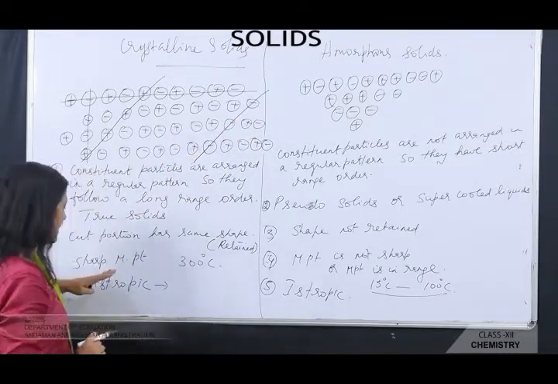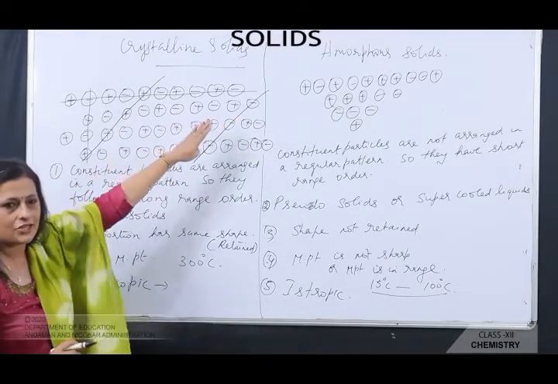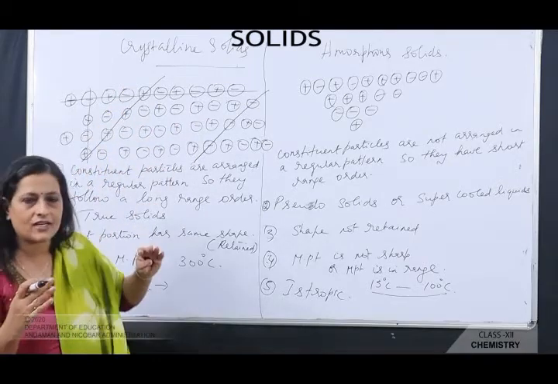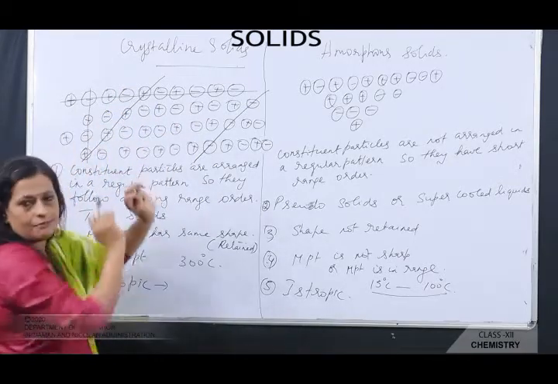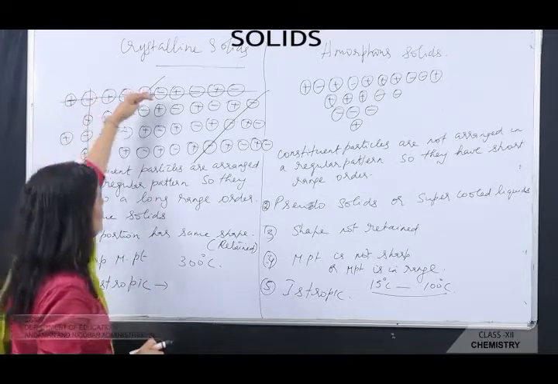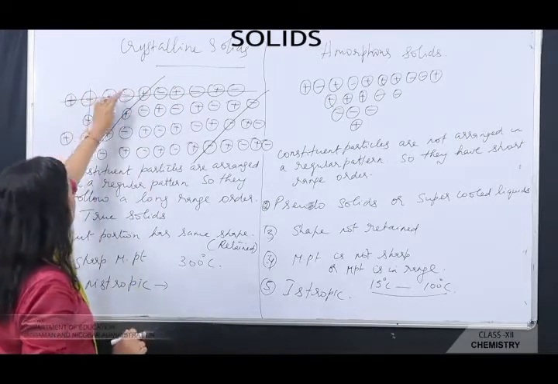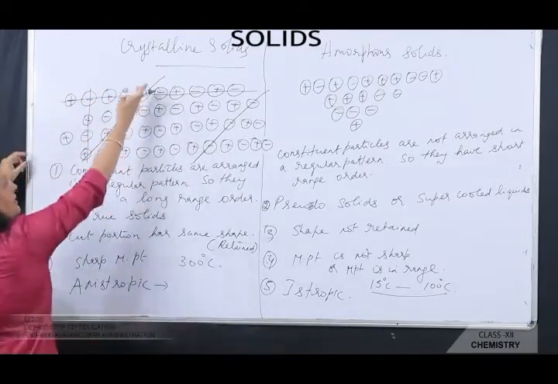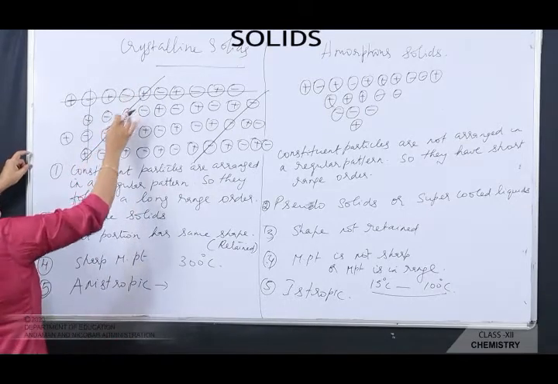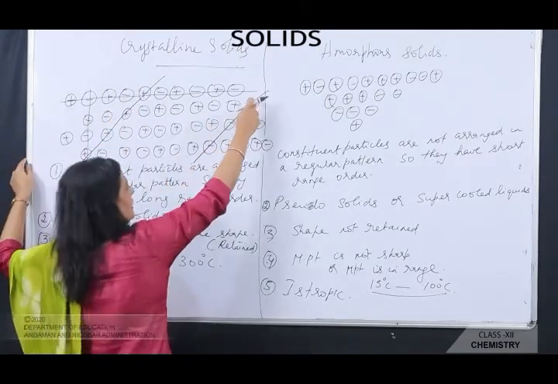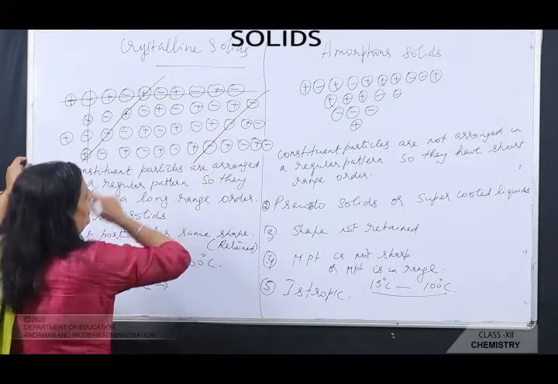The physical properties are different in different directions. Why is it different in different directions? Because they are arranged in a regular pattern. If you are going in this direction, it is due to cation, anion, cation, anion. And if you go in this direction, it is due to what? Cation, cation, cation. And in this direction, again it's due to what? Anion, anion, anion.